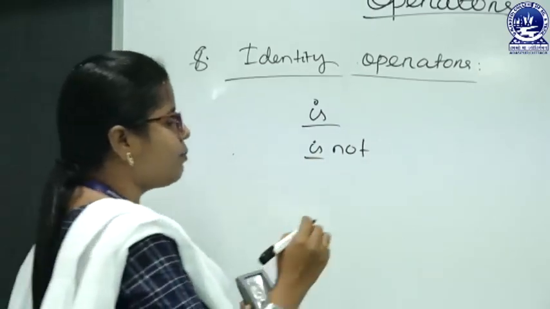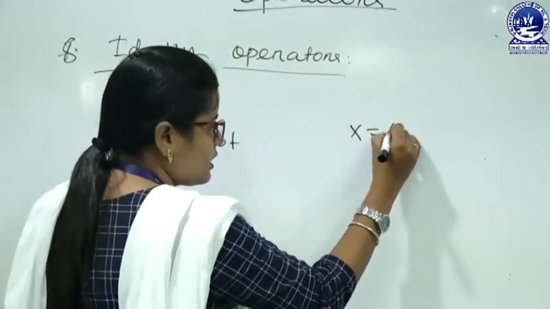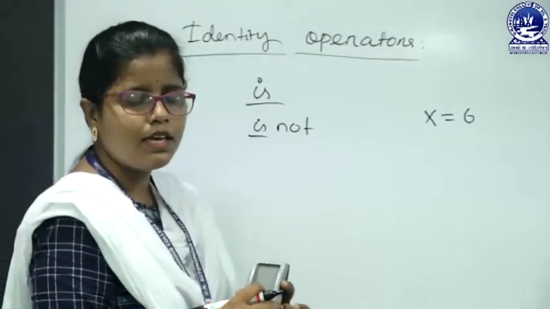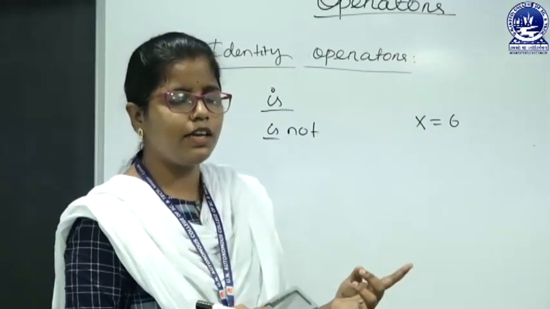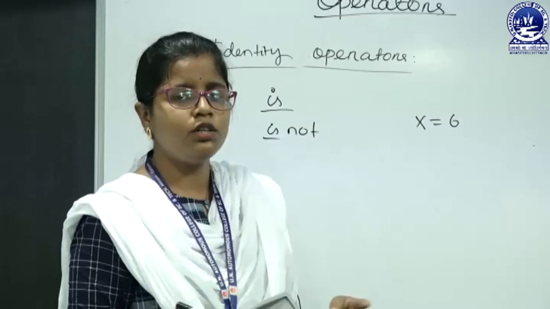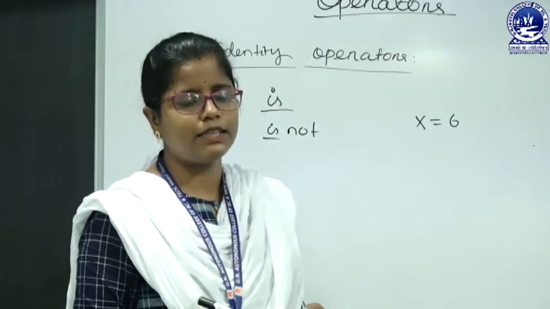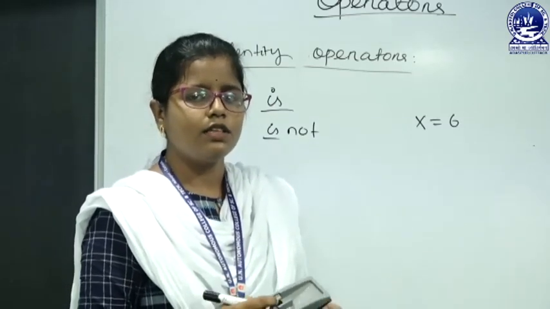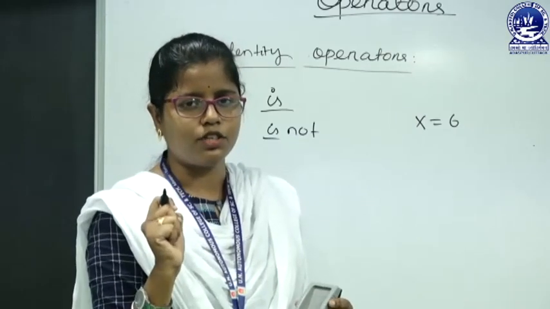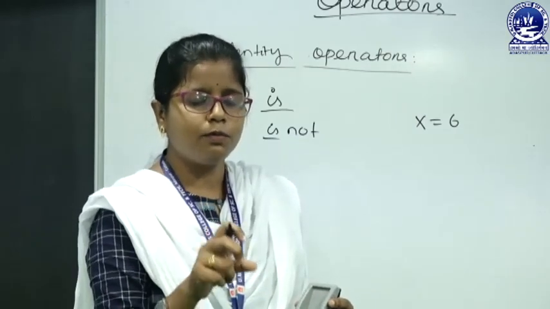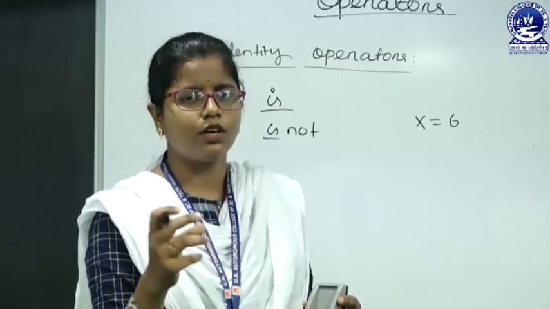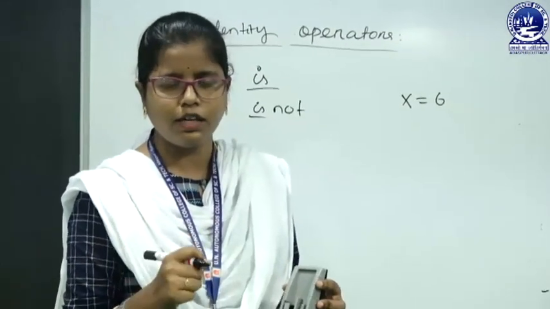So, let us take an example. Suppose x equals 6, then what is the type of x? In our previous video lecture, when we implemented all those basic elements in Python's IDLE, there we saw a function, the type function, that will return the type of the literal, that may be an integer or float or complex or boolean, whatever it may be.